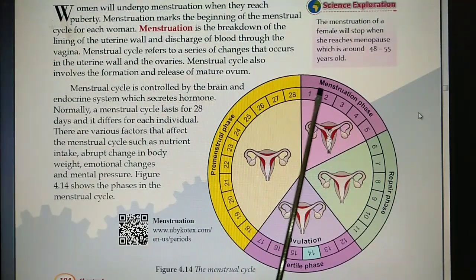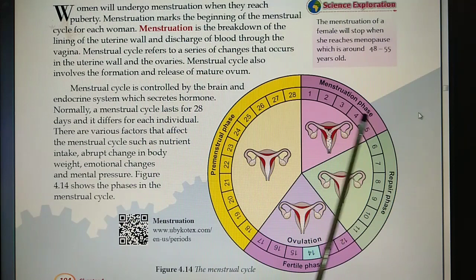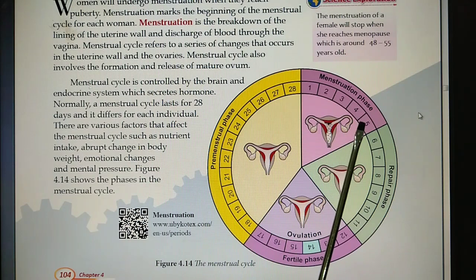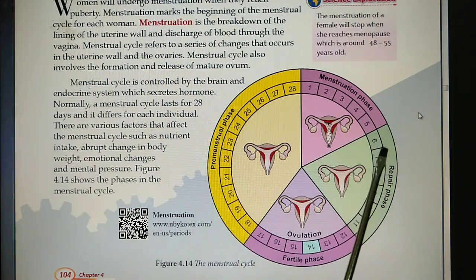The first phase is the menstruation phase that takes about 5 days. So the first day of the menstruation phase is the discharge of blood until the 5th day. After that is the repair phase, the second phase. The third phase is the fertile phase that will start from day 12 until day 17.